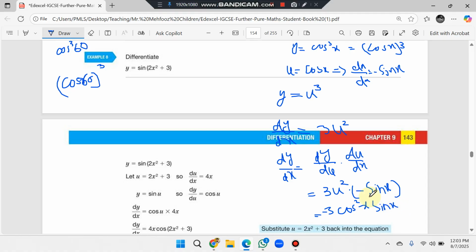Understand this method or not? So how do you get cos square? Cos square, because here the value of u is cos x and we just put the value of u, and the square is as it is.